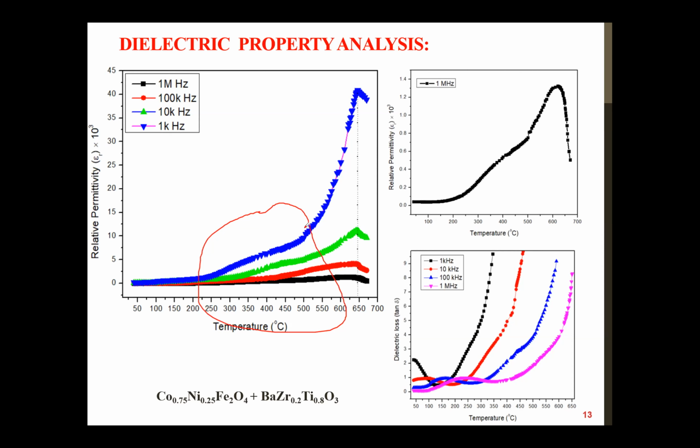The dielectric Curie temperature is observed at 445 degrees Celsius, and the loss is decreasing with the increase of frequency. Due to that, at higher frequency, the dipoles are not able to align themselves according to the direction of the electric field.